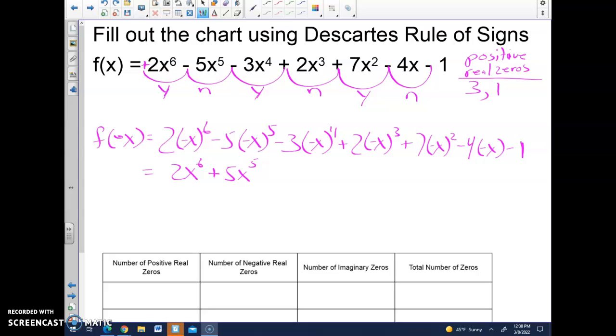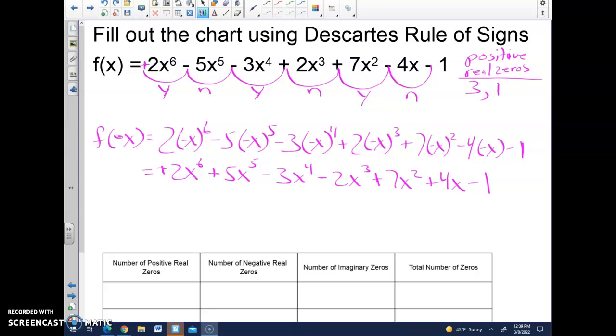When the exponent is even, we keep that sign. So the exponent here is even, I'm keeping the sign. The exponent here is odd, I'm switching the sign. The exponent here is even, I'm keeping the sign. The exponent here is odd, I'm switching the sign. And that's how we accurately plug our negative x in.